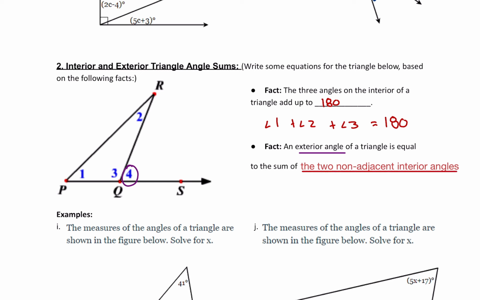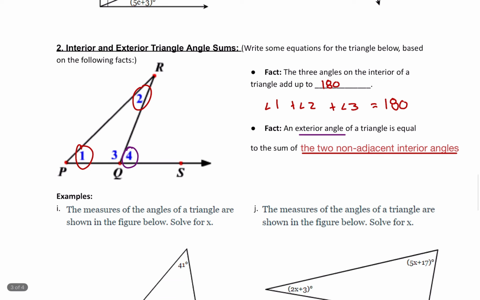Two angles that are inside my triangle that are not adjacent. That would be angle 1 and angle 2, because they are not adjacent to this angle 4. So in other words, I have angle 4 is equal to angle 1 plus angle 2.